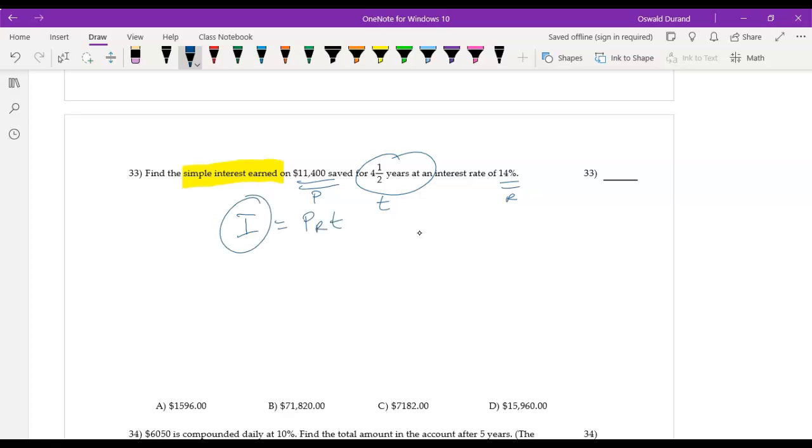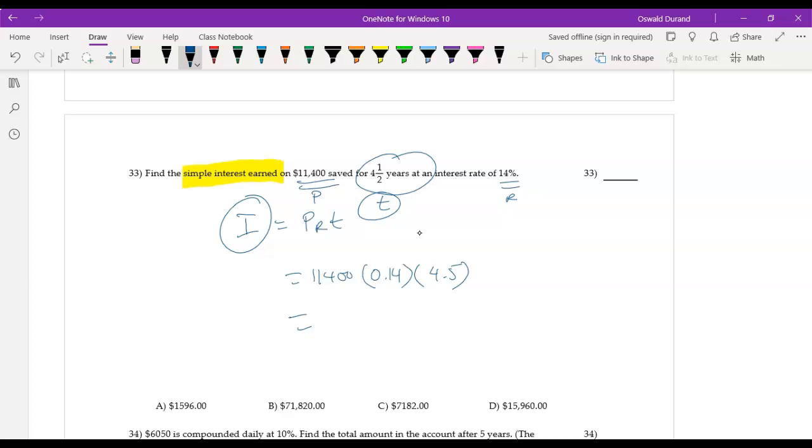So I multiply 11,400 times 14%, or 0.14, times 4.5 years. T is always expressed in terms of years.